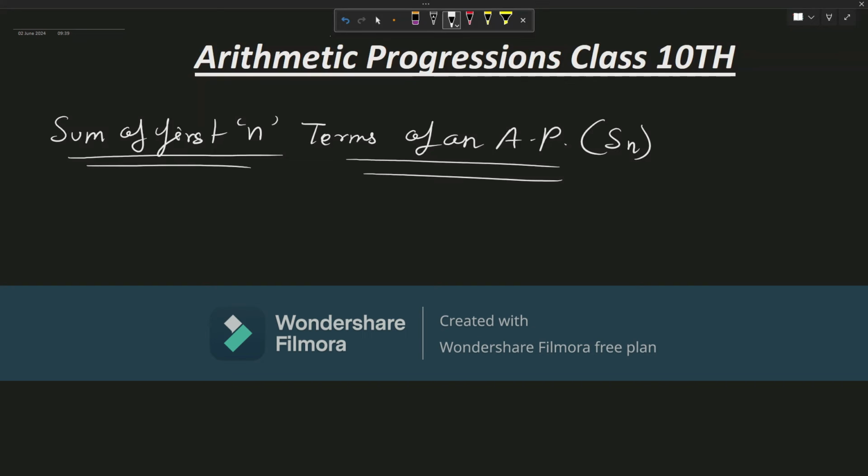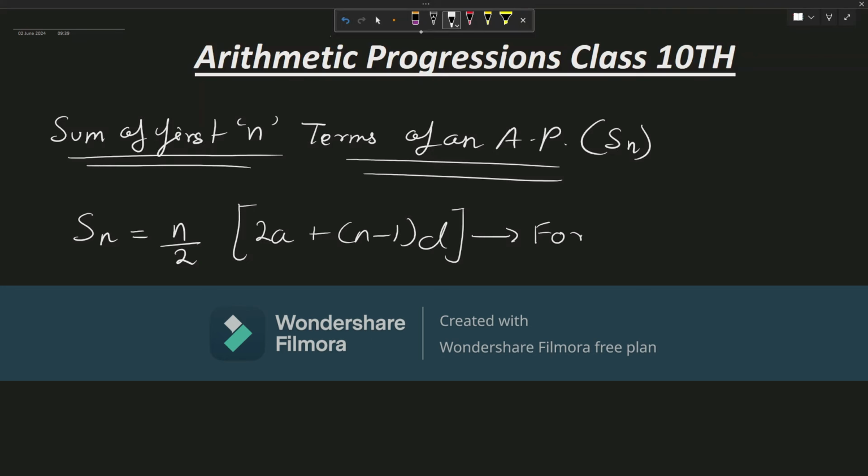of the first n terms of an AP is given by Sn is equal to n by 2 into 2a plus n minus 1 d. This is the general formula.